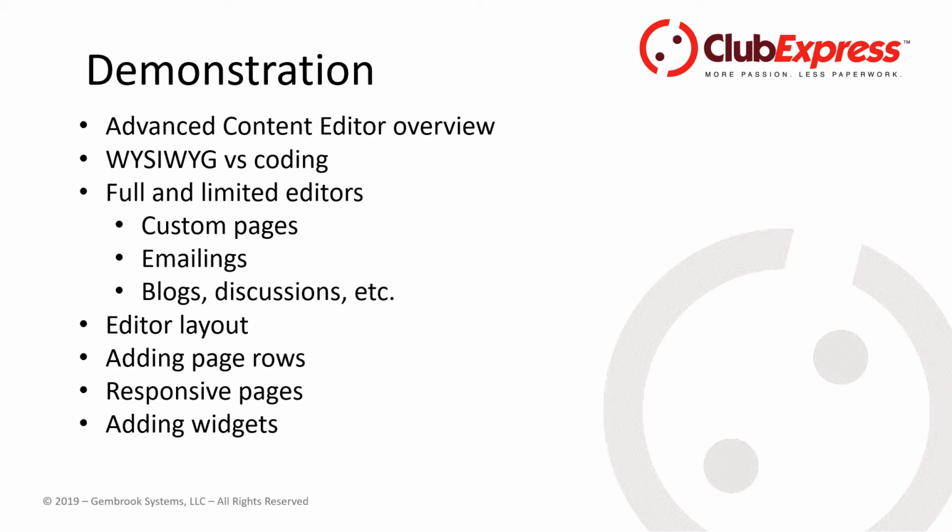But inside emailings, you have limited editors, or inside of blogs or discussions that are particular to those functions. We'll go over the editor layout, how to add page rows, why you should be adding page rows, talk a little bit about responsive pages, and we'll show how to add widgets. So there's actually a lot to get through.